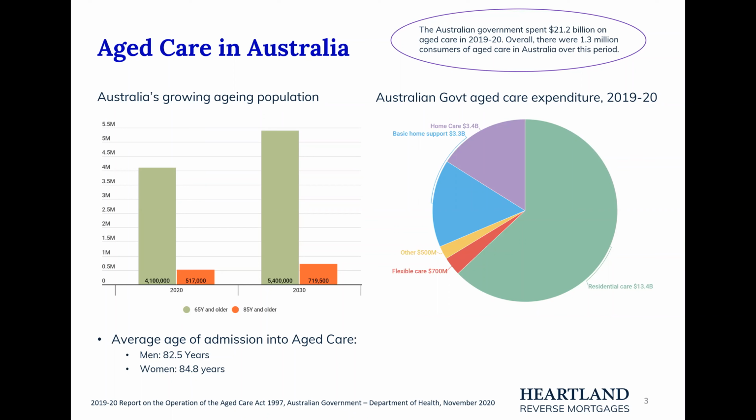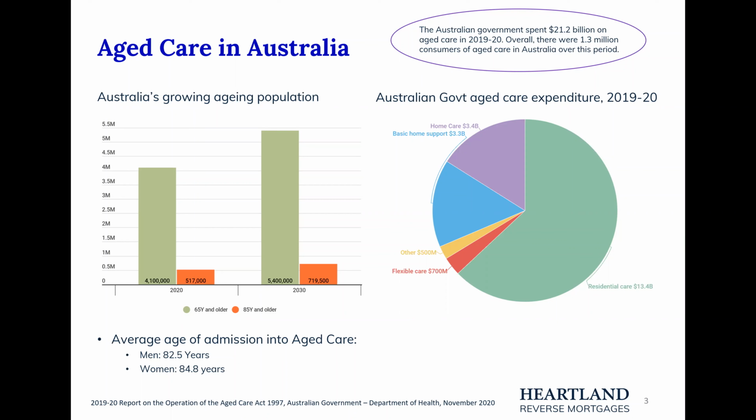This is really around the age that's close to the average age of admission into aged care, which is 82 years for a male and 84.8 years for a female. Both residential and home care can be very expensive, and the Australian government have understood that there is this current need that is only going to increase going into the future.